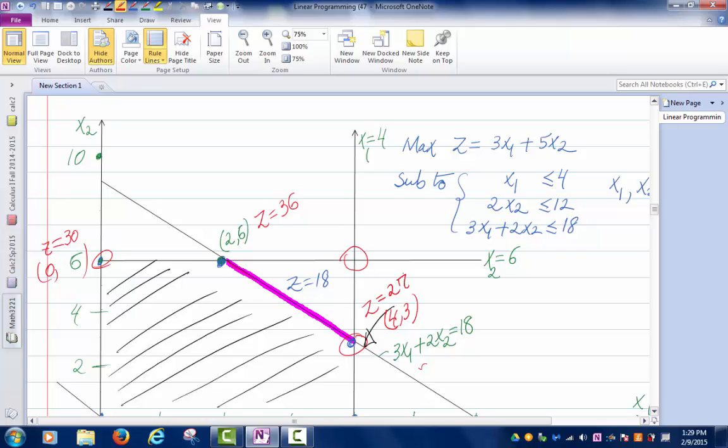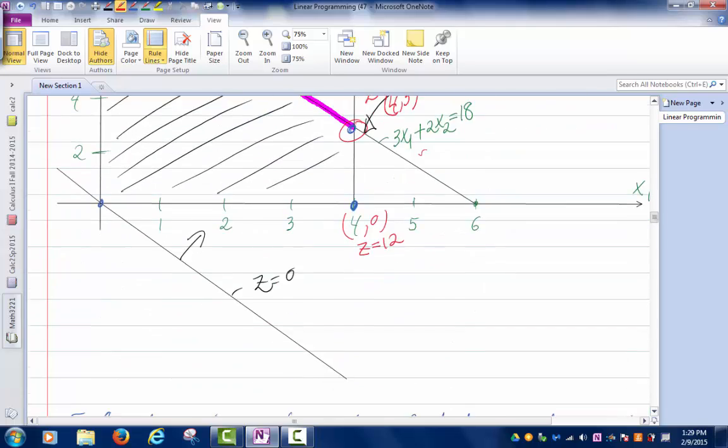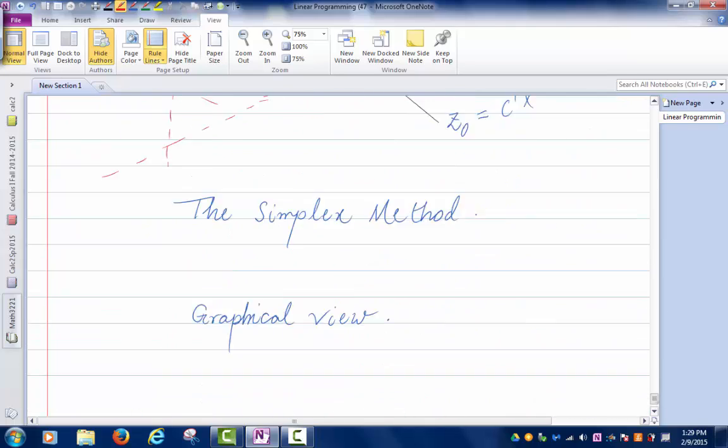Once you arrive at a new vertex, do the same thing, and keep doing that until you arrive at a vertex where none of the adjacent vertices give you any better value of z. Then you know you have arrived at the optimal solution. Is everybody clear? Is that okay? So that's the graphical view of the simplex method.